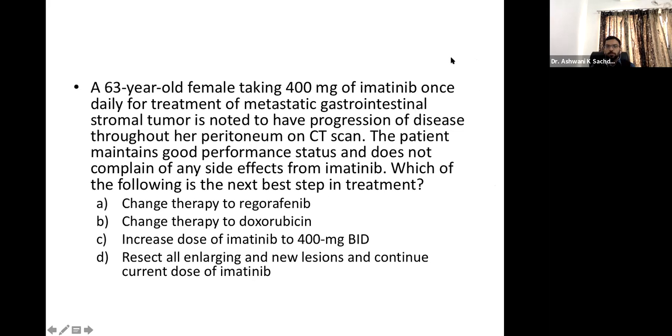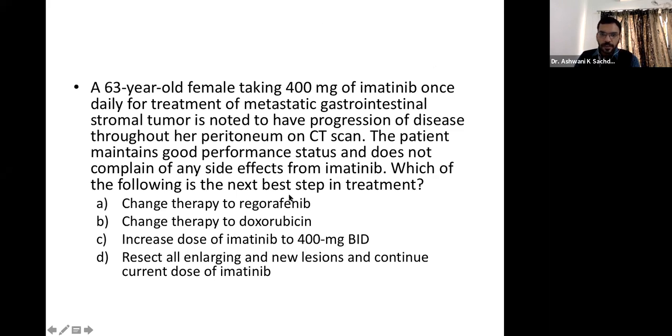So there is now progression on 400 milligram of imatinib. Should we change therapy to regorafenib, change therapy to doxorubicin, increase dose of imatinib to 400 milligram BD, or resect all the enlarging or new lesions? For this, the correct answer is C, that is, increase the dose of imatinib to 400 milligram BD.